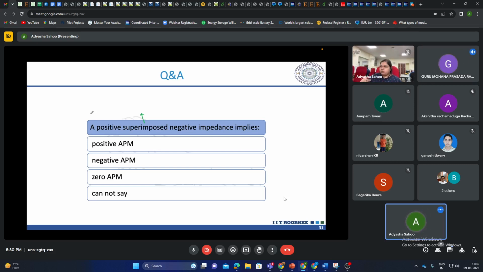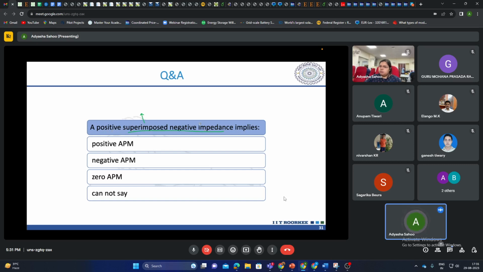Positive sequence or negative sequence impedance will be taken for considering this superimposition? Negative, because we are telling a superimposed negative impedance and it is positive.